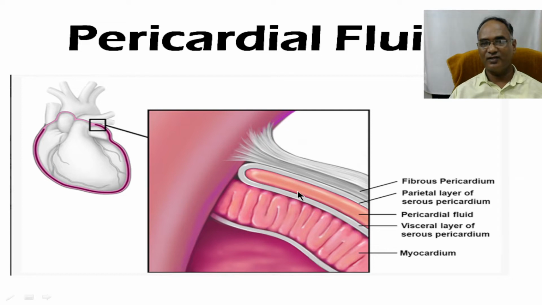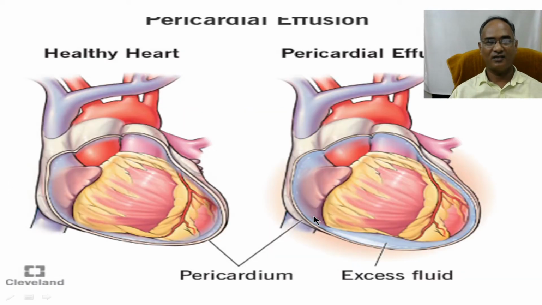This fluid protects from shock waves, external body germs, and other neural stimulation. All these are protected by the fibrous pericardium, parietal layer of pericardium, pericardial fluid, and visceral layer of serous pericardium. These layers give additional protection to the heart.